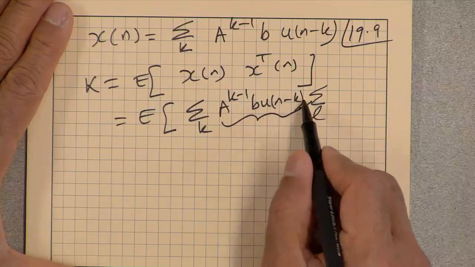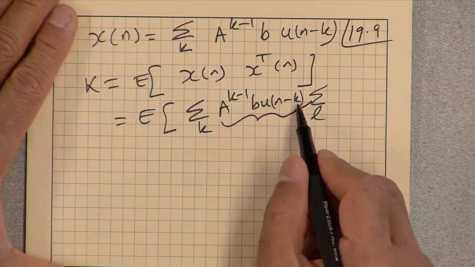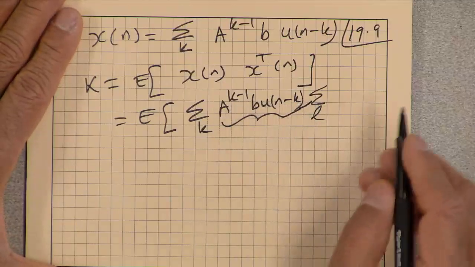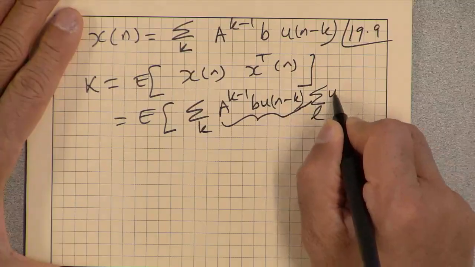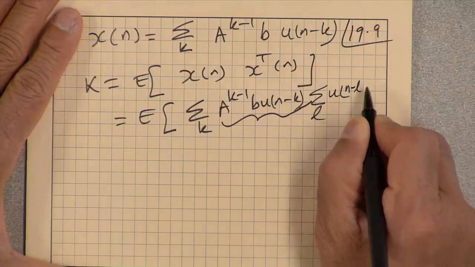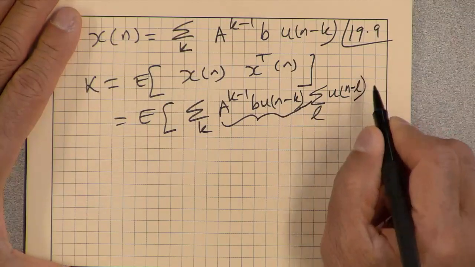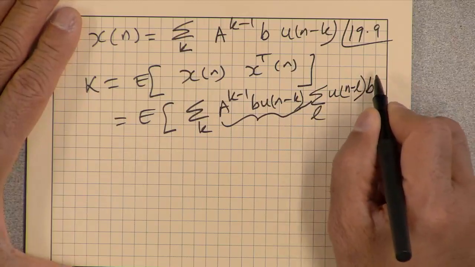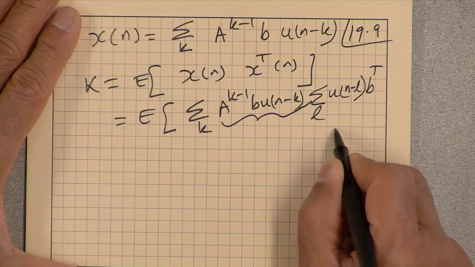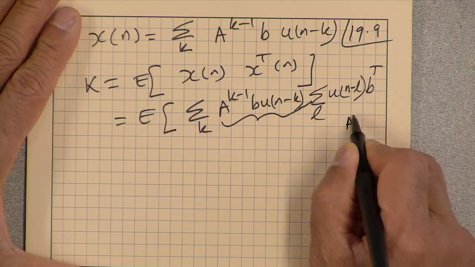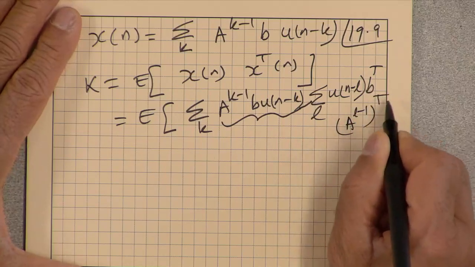The transpose of ABC is C transpose, B transpose, A transpose. So this is going to be u_{n-l}, because u is a scalar, times B transpose times (A^{l-1}) transpose.